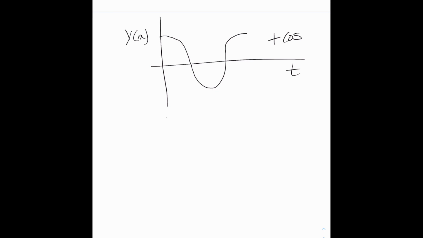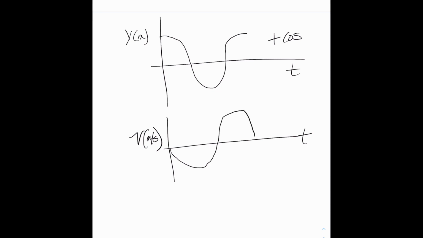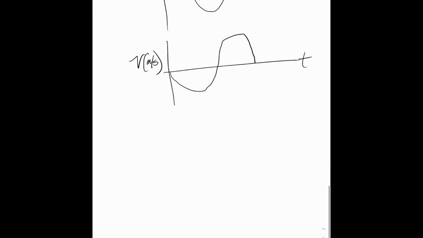And when that happens, the v versus t graph is a negative sine wave. Maybe I should draw those so they're the same length. I'm not saying I'm going to be able to do it, but I can try. That's a little bit better. All right, not a lot better, but a little better. And then finally, the acceleration.